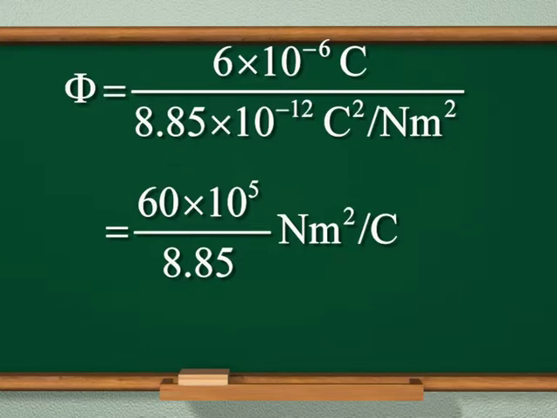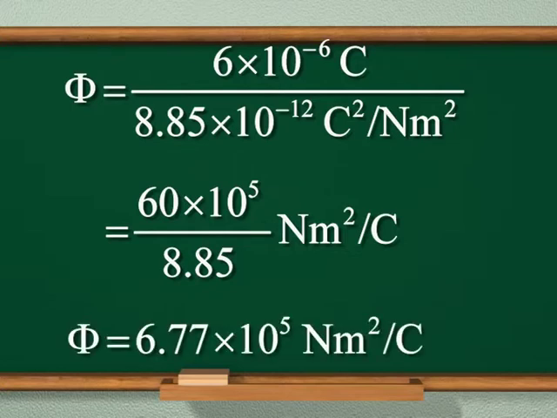On simplification, we get the total number of lines of force passing through the Gaussian surface as capital Phi equal to 6.77 into 10 raised to the power 5 Newton meter square per coulomb.